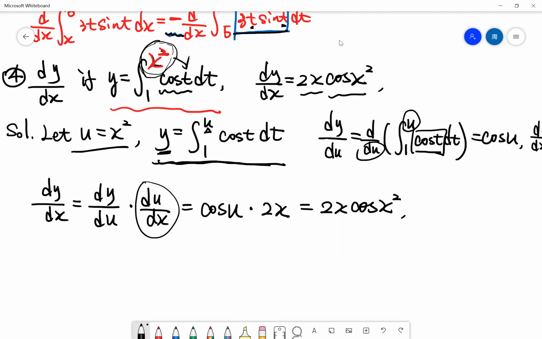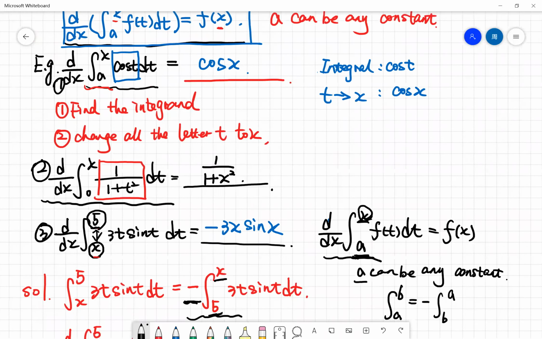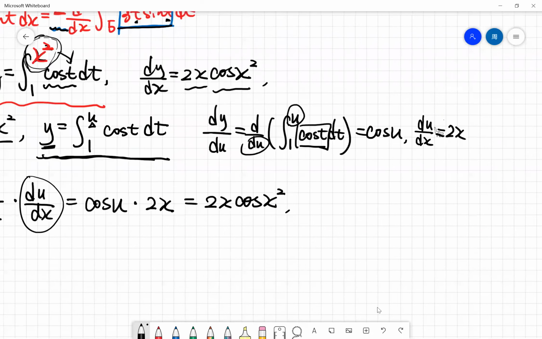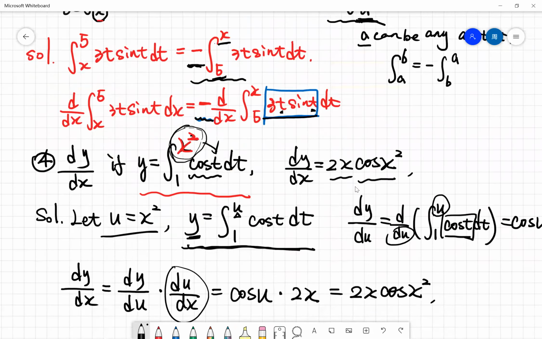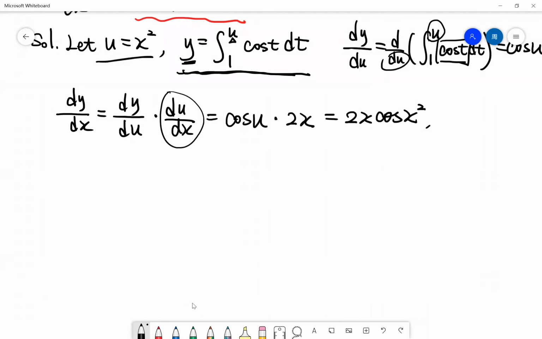So here I will give you another formula, and I will write it below. The formula number 2. That is d/dx of the integral from a to phi(x), where phi(x) means a function of x, or you can use other symbols, maybe g(x) or u(x), any one is okay.